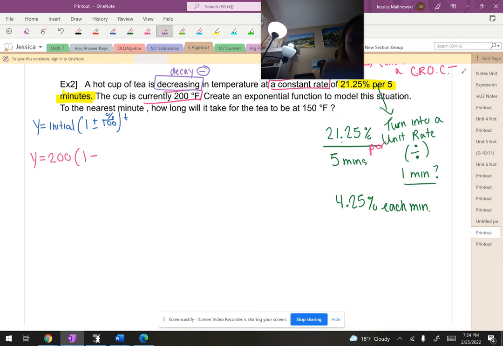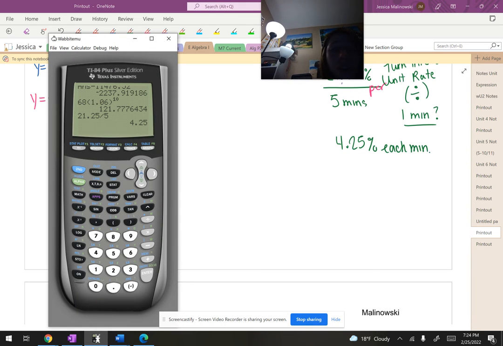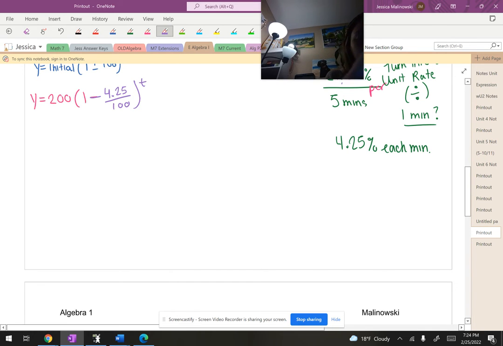We're using a decay, so we're using the subtraction, 4.25% to the t time. 4.25 divided by 100, 1 minus that leaves me with 0.9575. So y equals 200 times 0.9575, that's a decimal, raised to the t time.